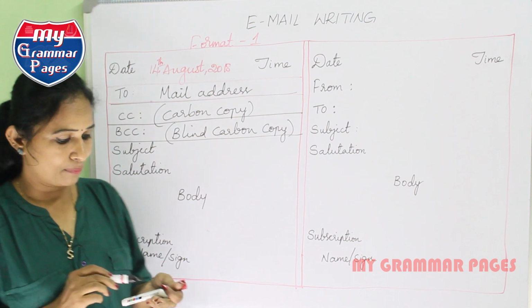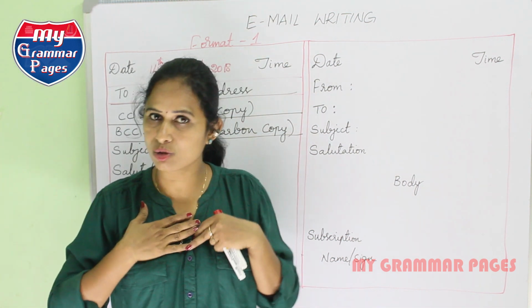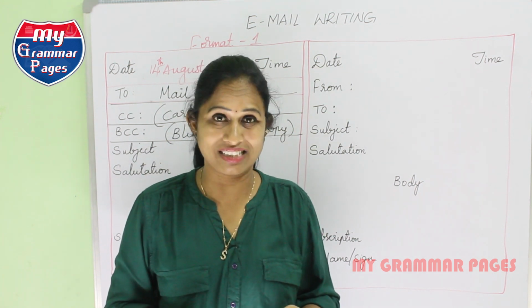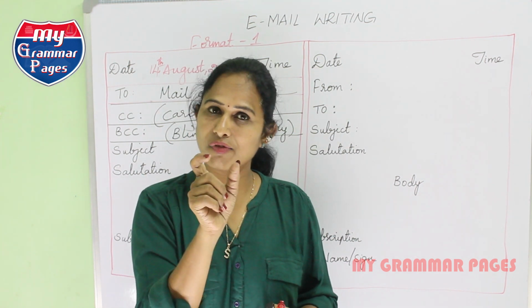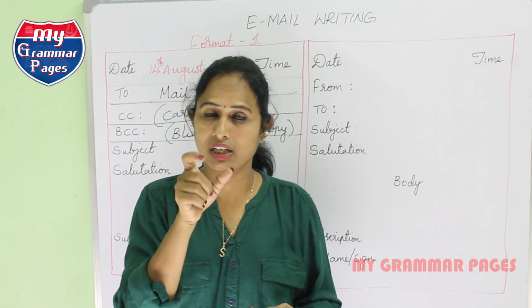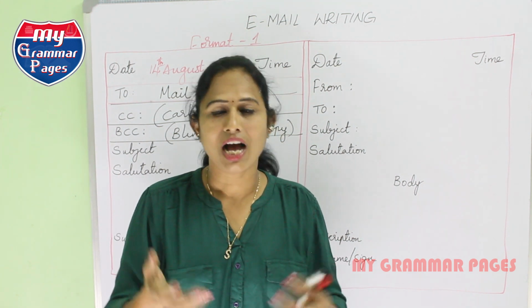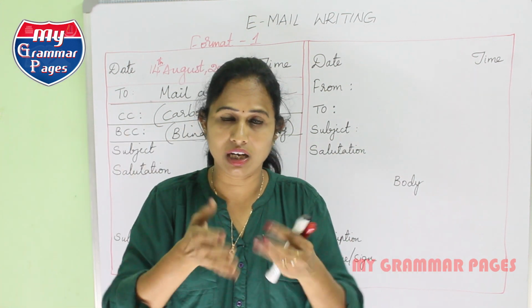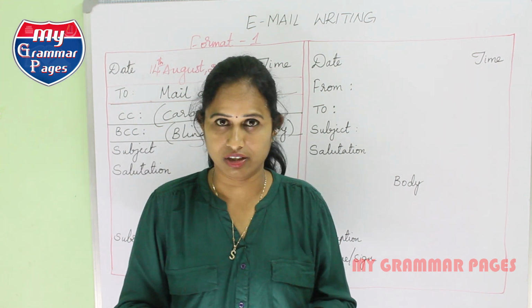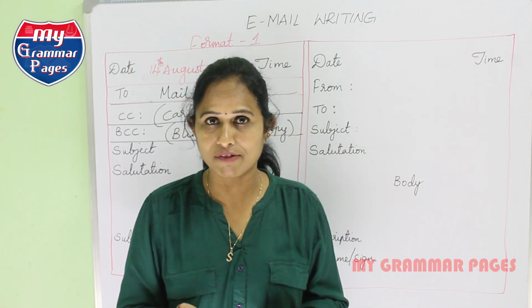Say, for example, I want to send a mail to a group. Do you remember the way we send WhatsApp messages to a group? Once I send a message or information in the group, almost everyone in the loop comes to know what I have written. The entire conversation will be known to everybody.